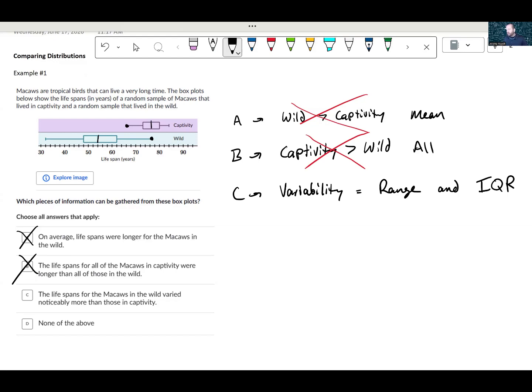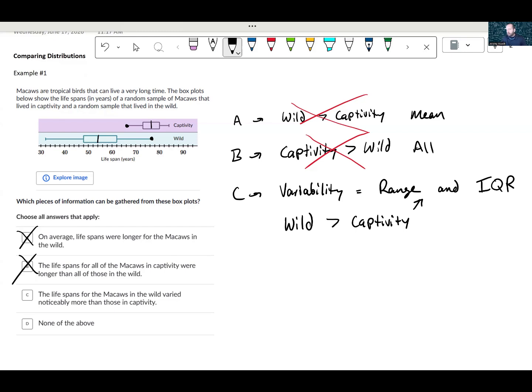Sometimes we only have enough data to check either the range or the interquartile range, but it's a good idea to check both if possible. So in terms of variability, we're going to write the same statement in the less than or greater than statement here. So it says the macaws in the wild, their variability was greater than those in captivity. And this is the variability, range and IQR. That's what that inequality statement is referencing.